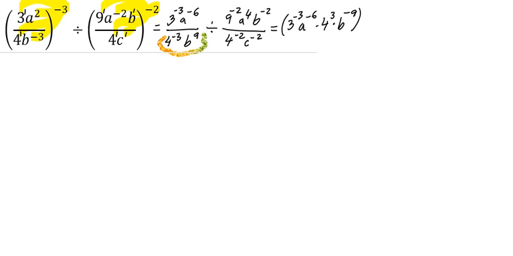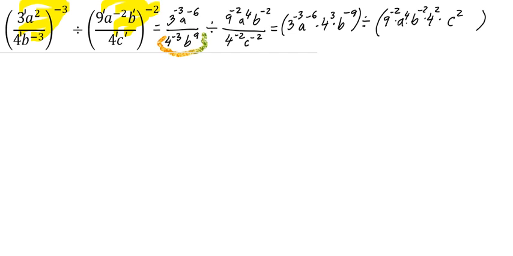We're going to divide all that by the second part, and we're going to do the same thing here. So the top stays the same, 9 to the -2 times a to the 4th times b to the -2, but the bottom numbers we bring them up, so it's going to be 4 to the +2 times c to the +2.